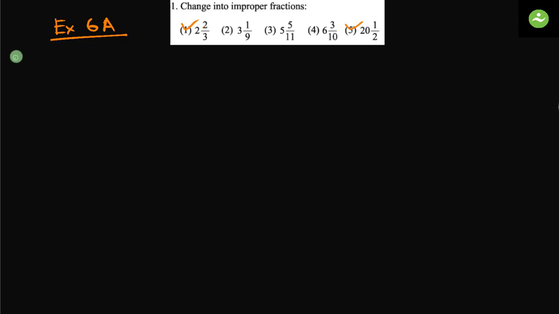That means bracket 1. Before we start, let us remind you of a few things. What is a proper fraction? Proper: the denominator is larger and the numerator is small.